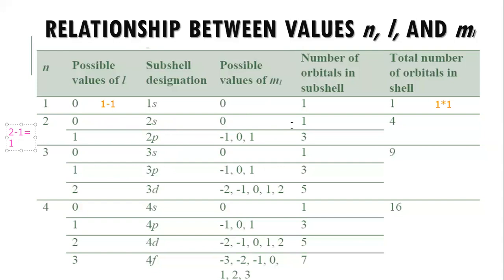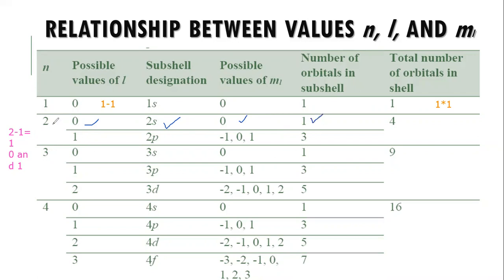So the l value is 0 and 1. If it is 0, that is 2s, and the possible m value is 0, so there is one orbital.